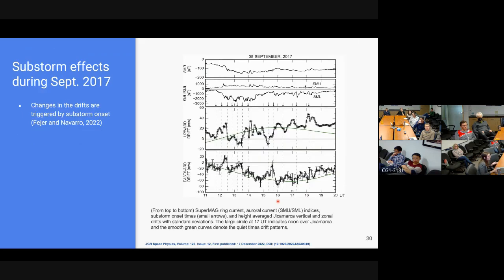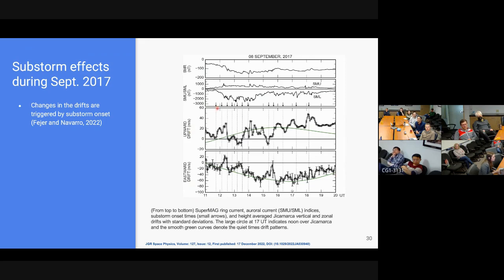And so there was a study last year from Bela Fejer and Luis Navarro, where they showed that they believe these prompt penetration electric fields for Jicamarca were almost entirely driven by substorm effects. In this case, what they're plotting are the drifts from Jicamarca during the September storm, showing both the upward and eastward drifts.